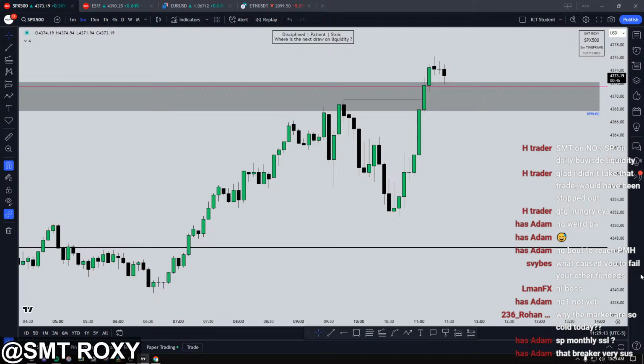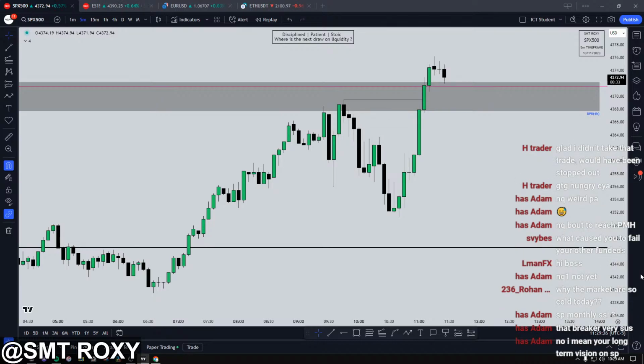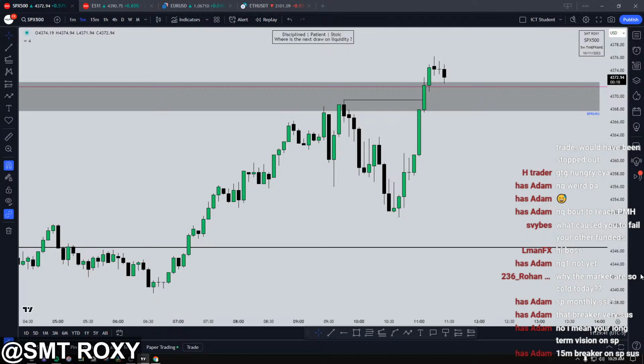No, I mean your long-term vision on SPX. That is my long-term vision. My long-term vision is really just that, honestly. It's either we go up or we go down, really. I don't think really any other way. It's either we respect one or we disrespect the other. Nothing really too much on the plate here.